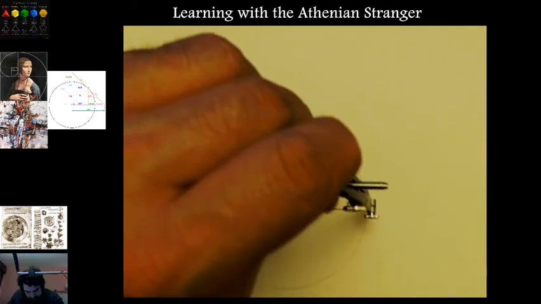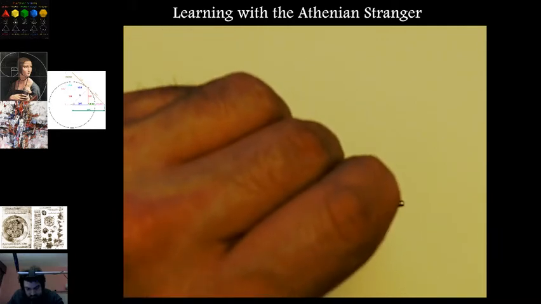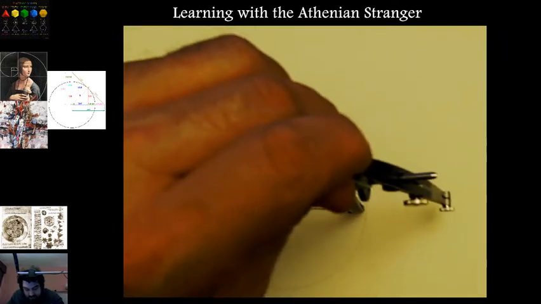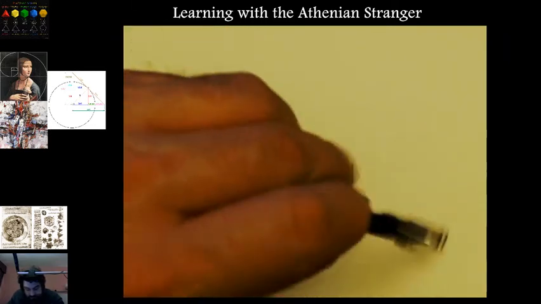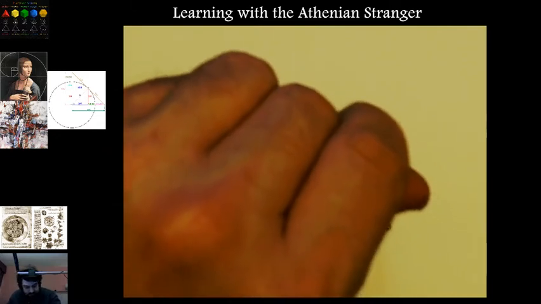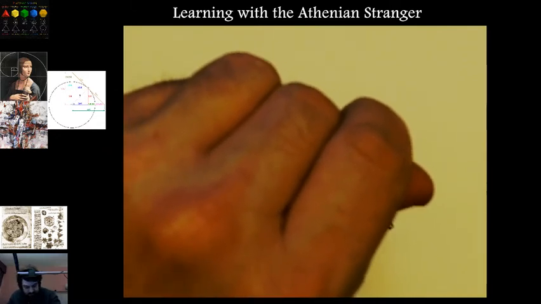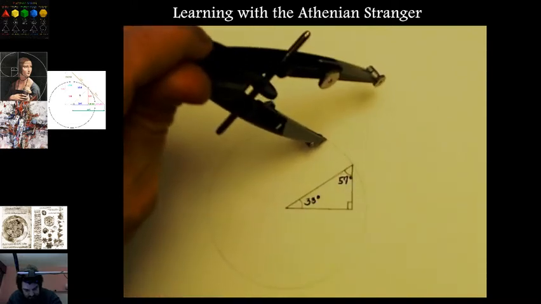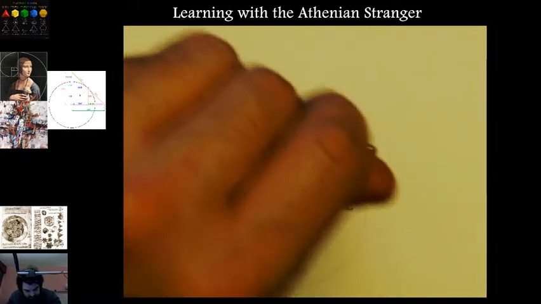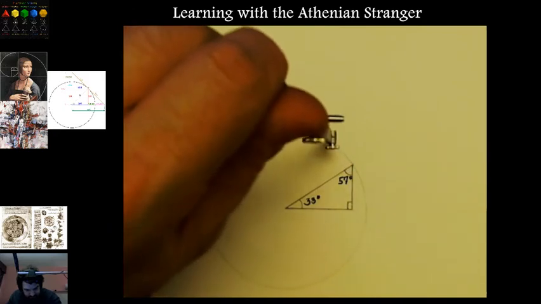In order to create that vertical line, I need this point here. I need to mark that point. I need to kind of hop around this circle a bit.